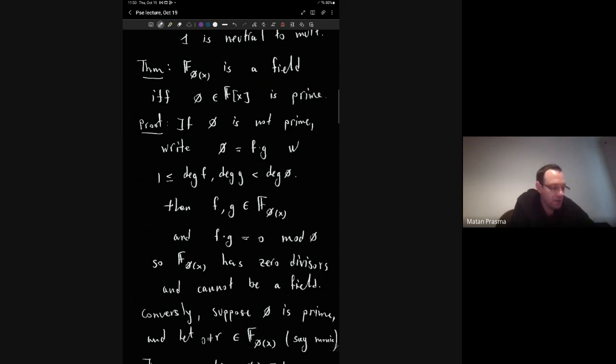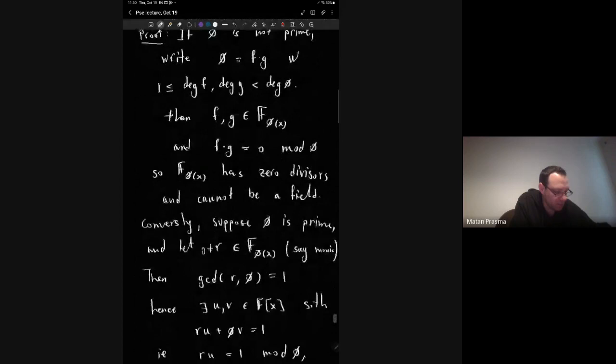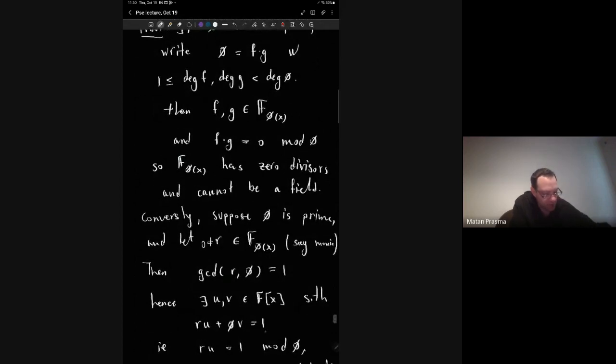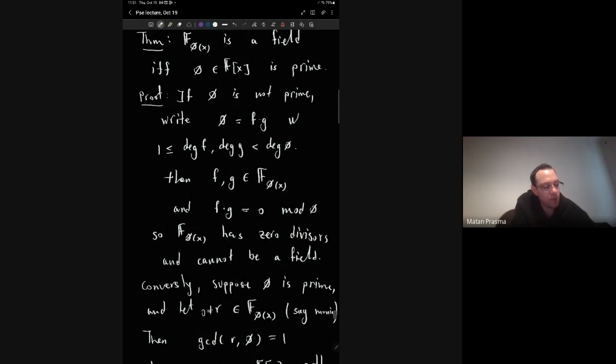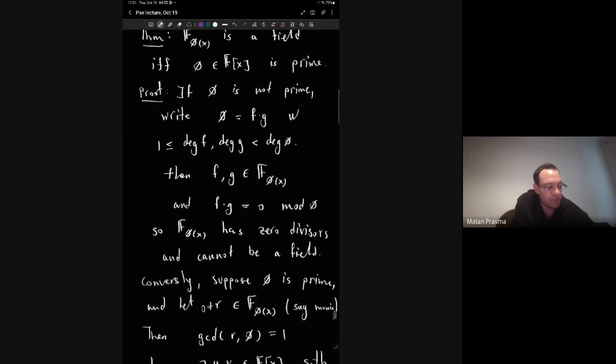You use the Bezout coefficients to find the multiplicative inverse. The multiplicative inverse is the only non-trivial axiom that you need to check in order to verify that integers modulo a prime are a field, or in this case, polynomials modulo a prime polynomial.